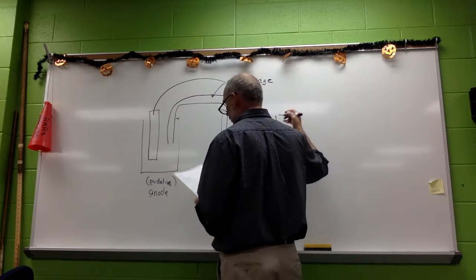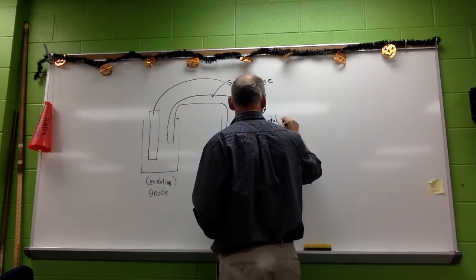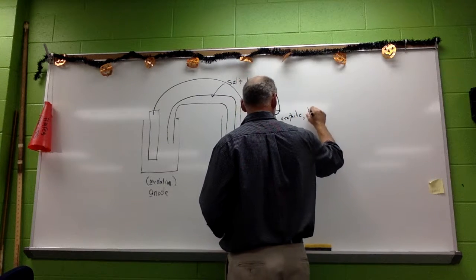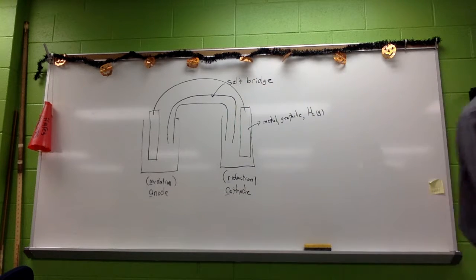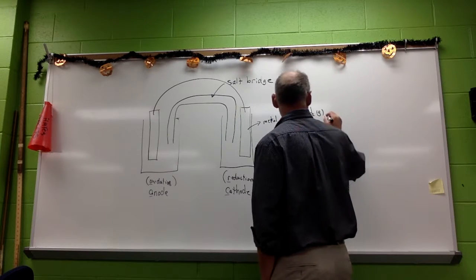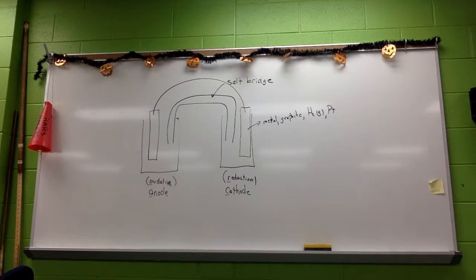Platinum is a metal, but it could also be graphite. Or it could be hydrogen gas, believe it or not, and we'll see that. I'm going to go ahead and put platinum in up here. We'll see in a little bit why specifically platinum.